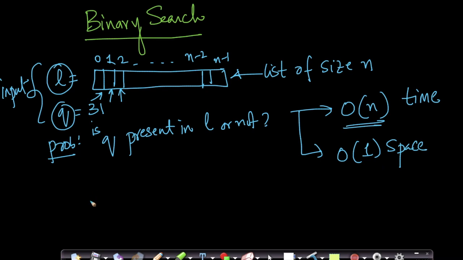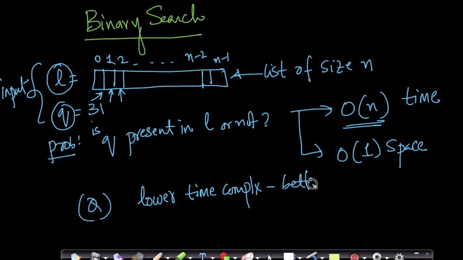Now the question is, of course, the lower the time complexity, the better it is, right? Similarly, the lower the space complexity, the better it is, right? Now the big question here is, for the algorithm that we wrote, we had order of n time and order of 1 space.